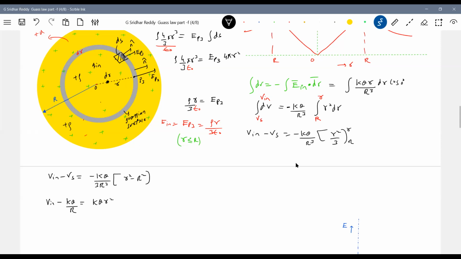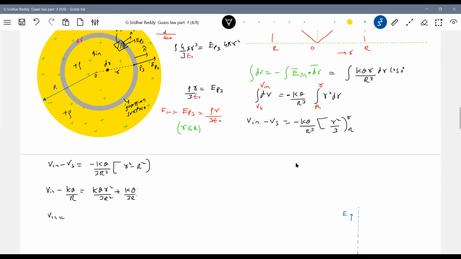KQ by R cube, 3R square, plus KQ by 3R. Then this will be V in equal to KQ by R cube, 3R square.